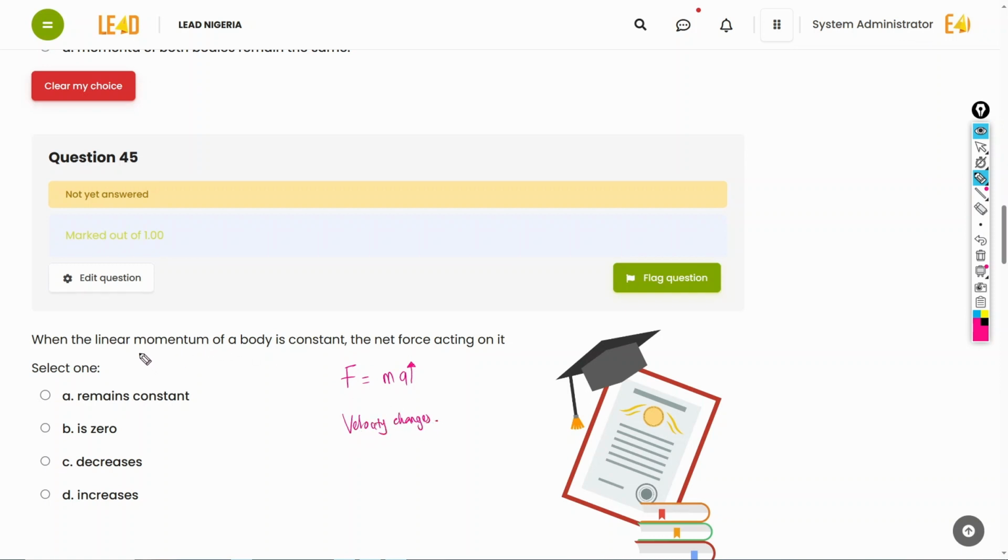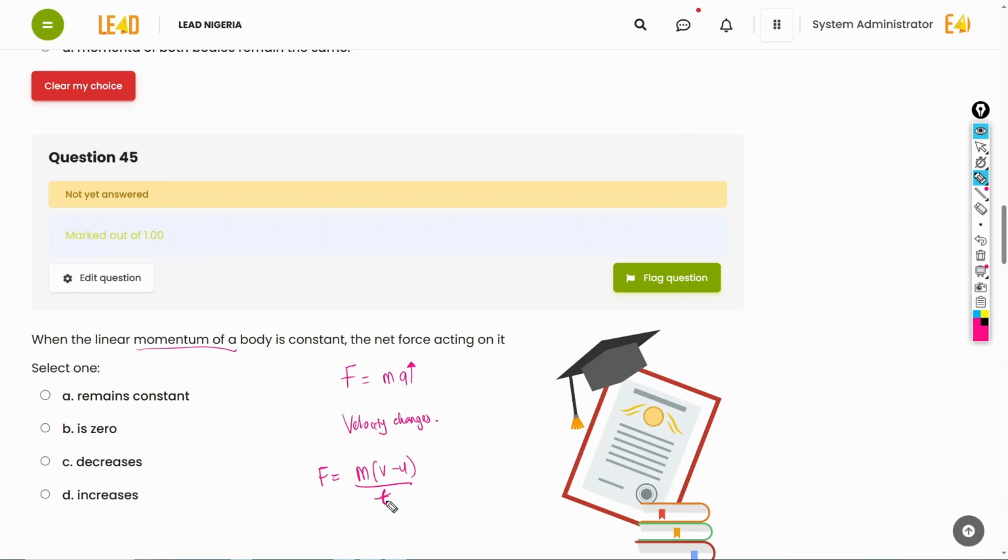And that means that your momentum would also change. We can even use impulse, or F is equal to m bracket v minus u over t, to answer this.